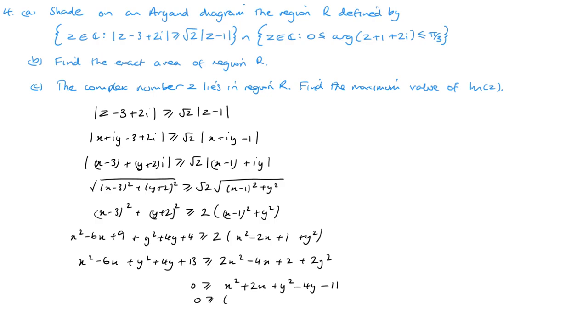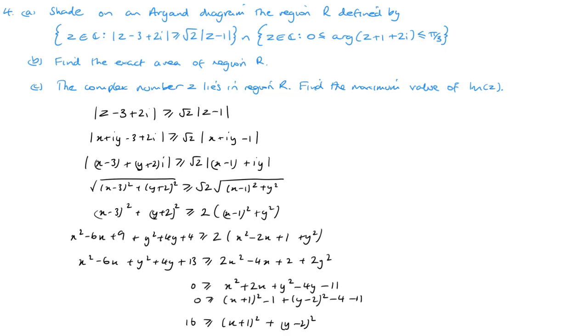Now let's complete the square, so (x + 1)² - 1 + (y - 2)² - 4 - 11. So minus 11 minus 15 minus 16, taken to the other side, is 16. So (x + 1)² + (y - 2)² = 16.